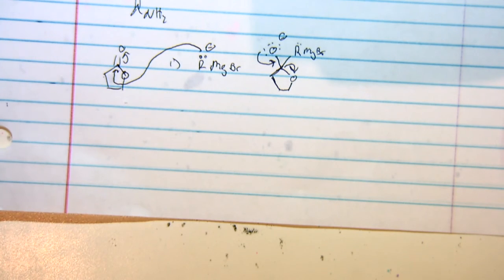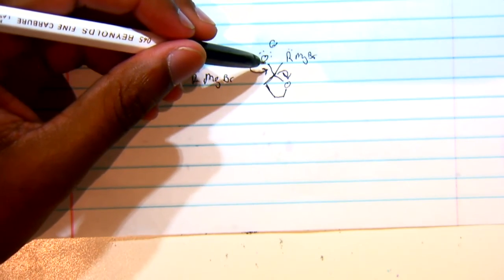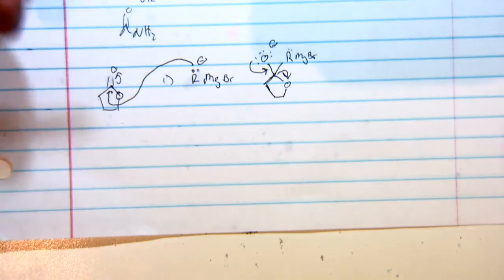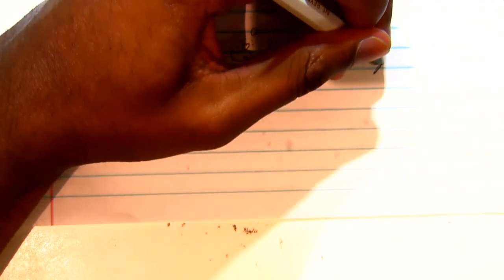But it's going to break here with this oxygen, and the ring is just going to open up. And the reason you have H3O plus is because if I kept having this in solution with ketones, it would keep making this a negative charge. So the H plus gives it an H, turns it into an alcohol. So if I were to see this, I would have my ketone that just formed right here.